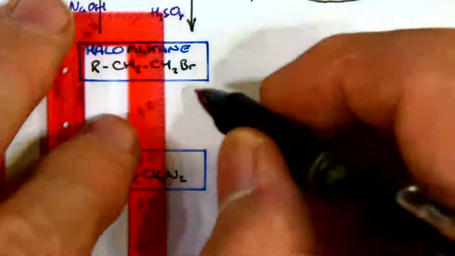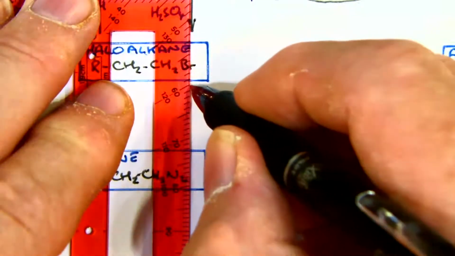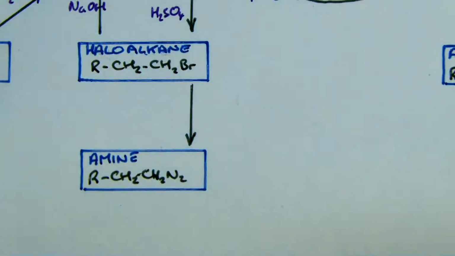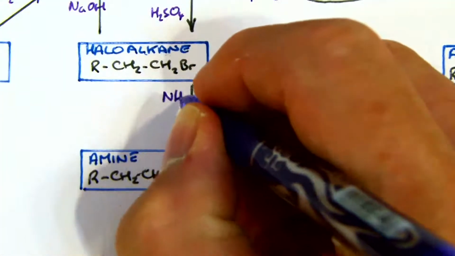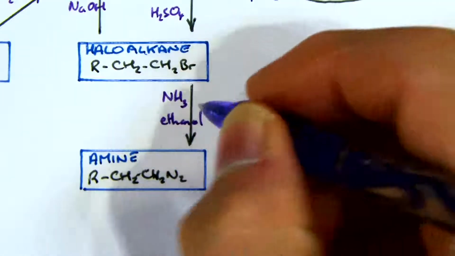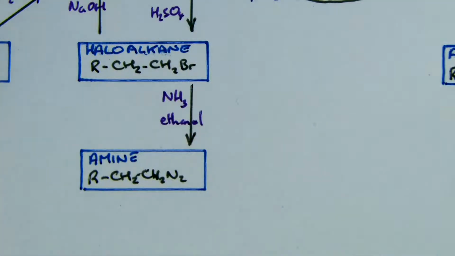How would I make an amine from this? Well, not going to be that difficult really. To make an amine, I would use ammonia and basically ethanol. So we can convert to an amine.